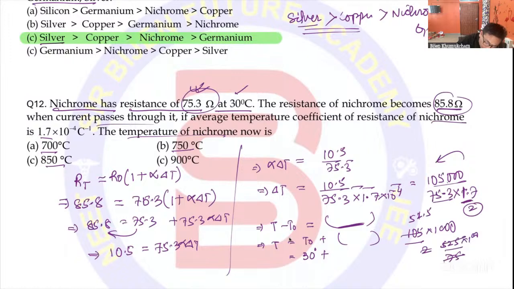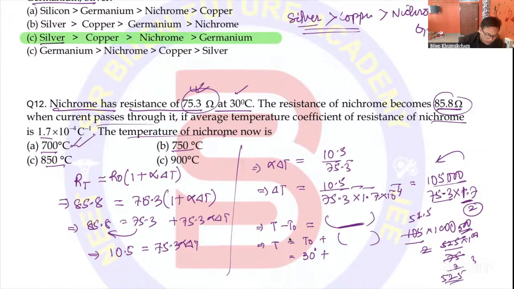So 75 dividing 525 gives 7, so I think it should be somewhere around 700.